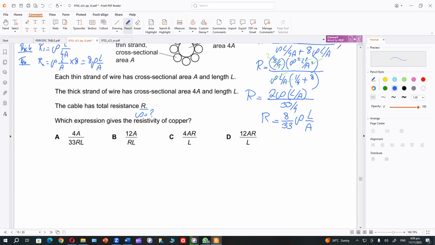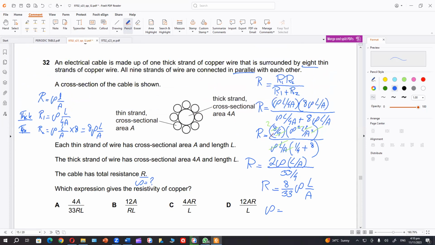Looks like a maths paper now. Make rho the subject. Unfortunately, a letter is giving us a problem, because we are getting 8 upon 33, and here there is no 8 upon 33. So it means after a long effort, we have gone somewhere wrong.